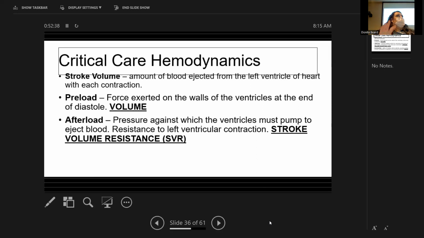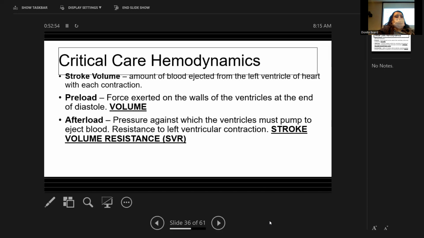Afterload, you're really talking about the resistance in the aorta. What is the resistance that the heart is pumping against? So you can think of that somewhat in the way of blood pressure. It's not truly blood pressure, it's really more of the resistance.